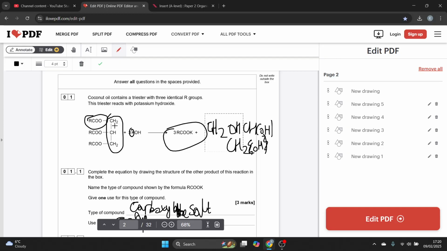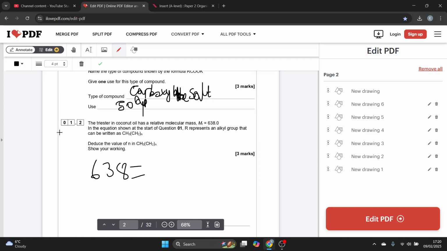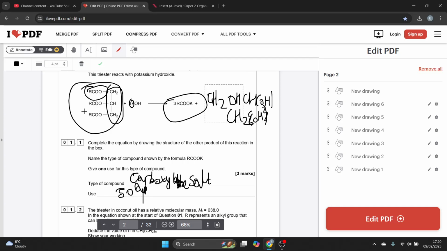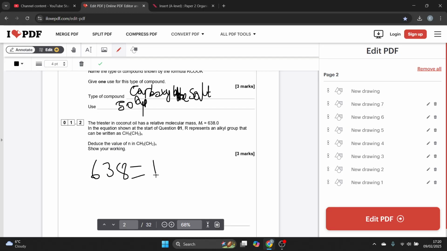So first let me add up all the MRs together: 12 plus 16 plus 16 plus 12 plus 2 plus 12 plus 1 plus 12 plus 16 plus 16 plus 12 plus 16 plus 16 plus 12 plus 2, 173.